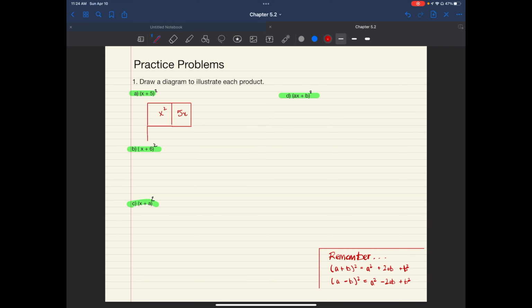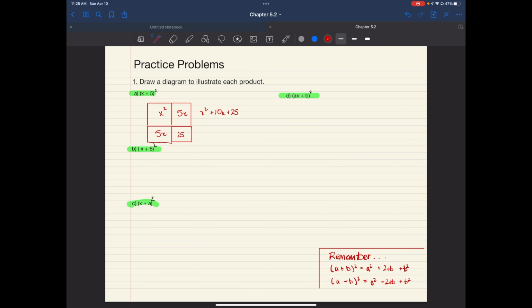Then we're going to have another 5x term here. And then in here is going to be our 25. When we expand this, we get x squared plus 10x plus 25.